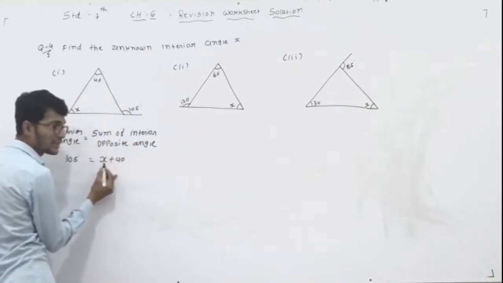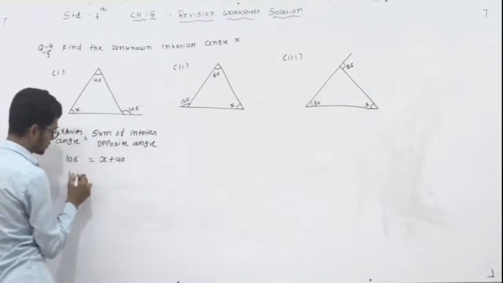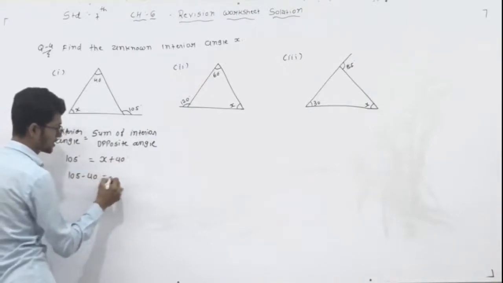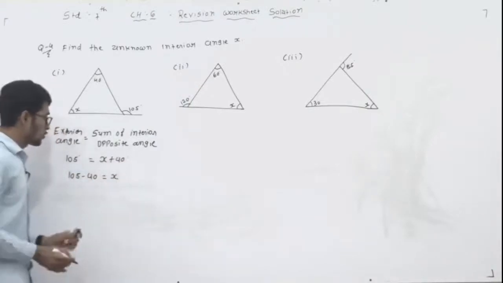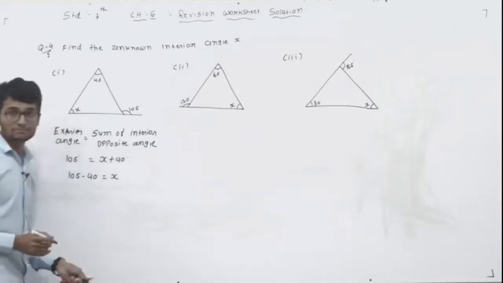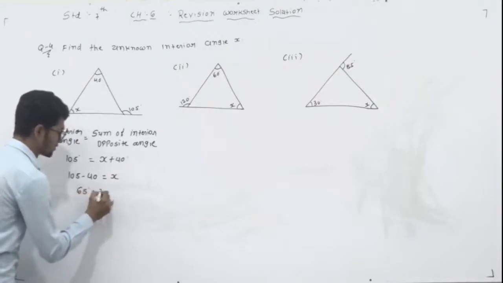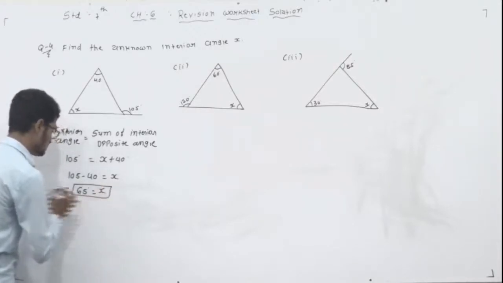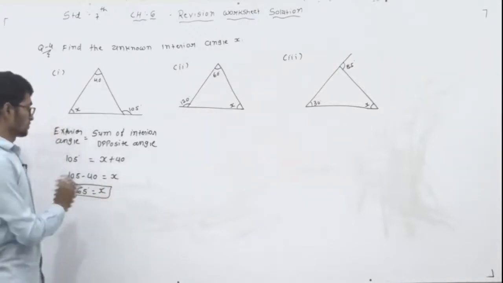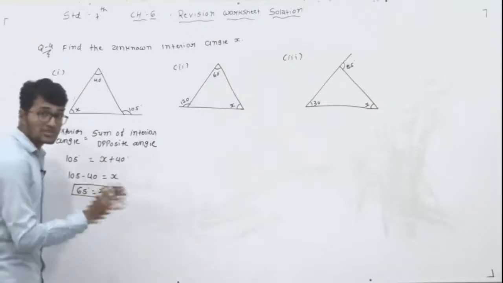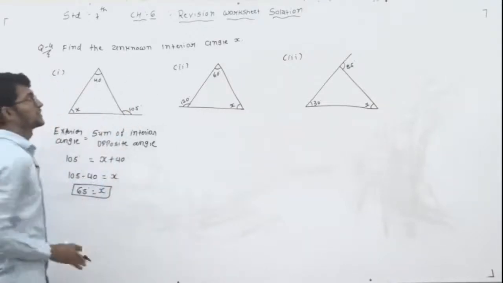Now we have to find the value of x, so 40 goes to this side. So 105 minus 40 is equal to x. 105 minus 40, then the answer is 65, equal to x. It means the first answer is x is equal to 65. So understand? Same for the next questions.